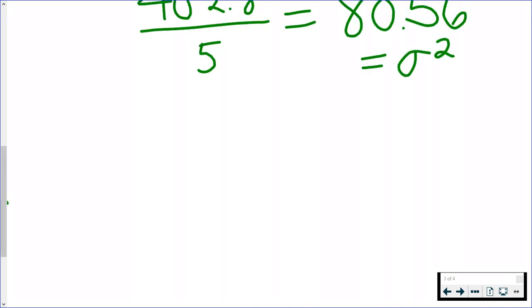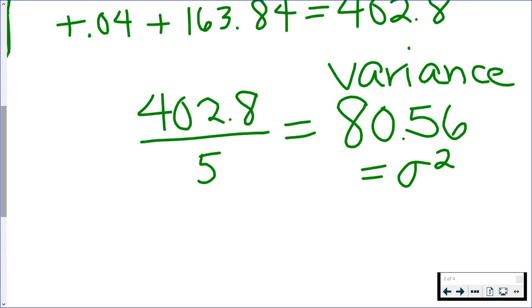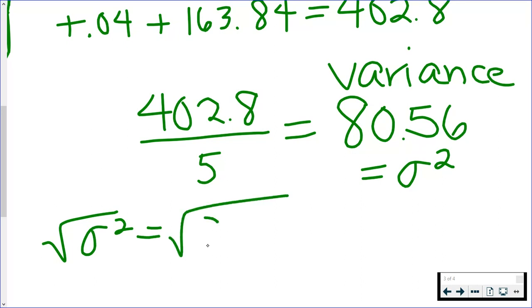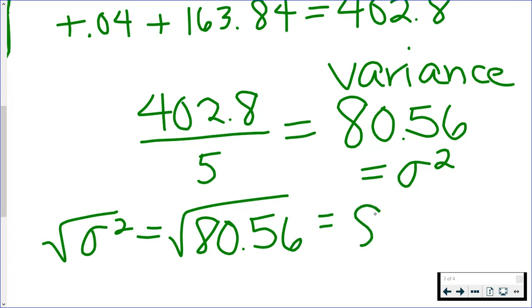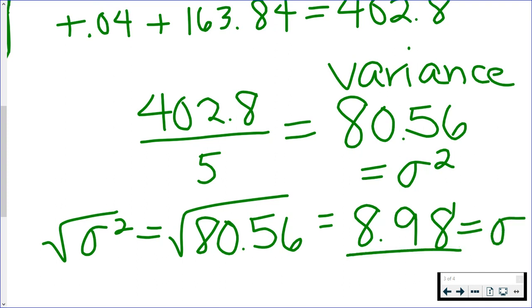All you need to do is take the square root of your variance. That rounds to about 8.98.